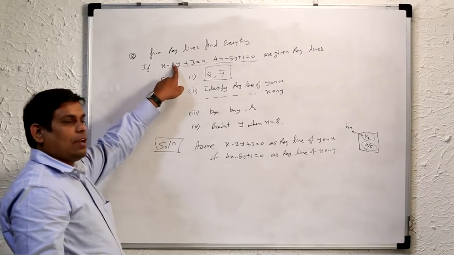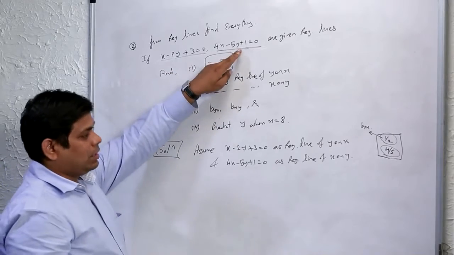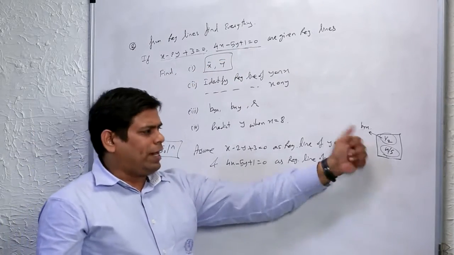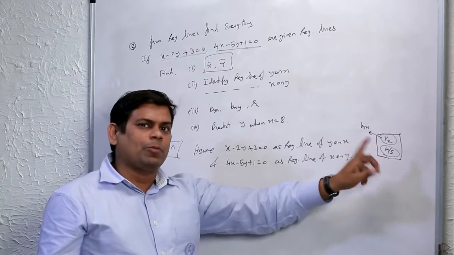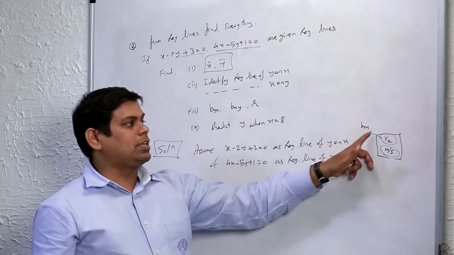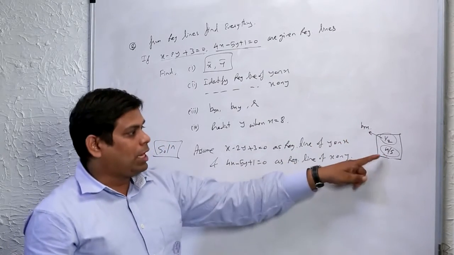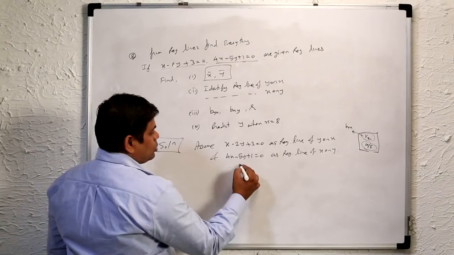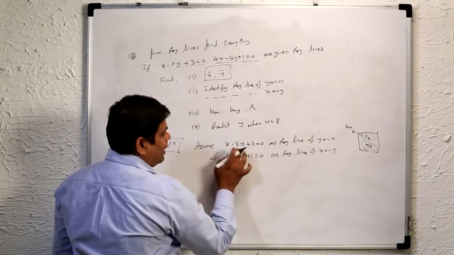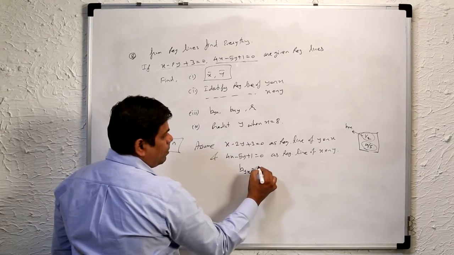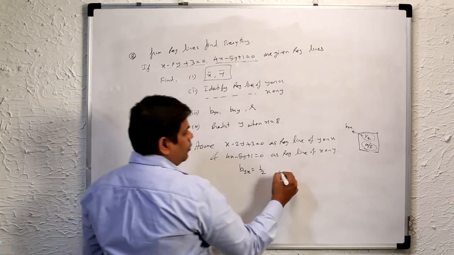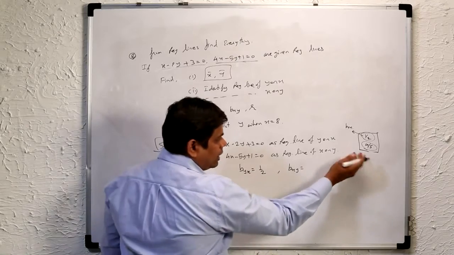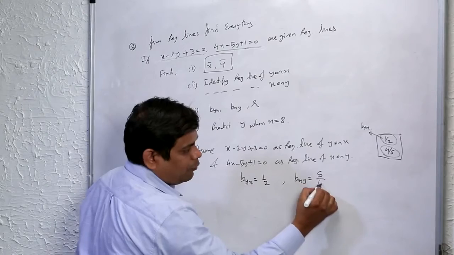Assume one of them is regression of y on x, one of them is regression of x on y, but which one? As per this chart, find the slope of both the lines. Whichever slope is numerically smaller, that you must take as the regression line of y on x. The bigger one will become the regression line of x on y. So if you assume this is the regression line of y on x, your byx will become 1 by 2. Your bxy will become 4 by 5. Sorry boss, it will become 5 by 4.